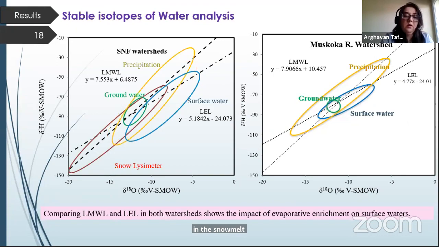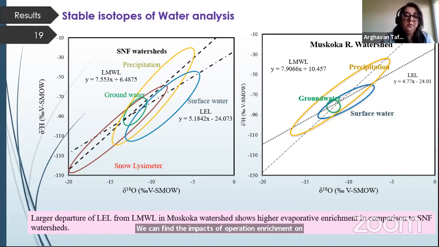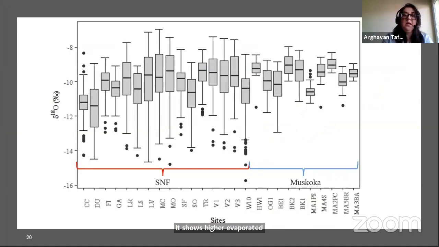By comparing the local meteorological water line and local evaporation line in both watersheds, we can find the impacts of evaporation enrichment on source waters across both watersheds, and also the larger departure of the LEL from the local meteorological water line in Muskoka watersheds shows a higher evaporative enrichment in Muskoka in comparison to SNF.